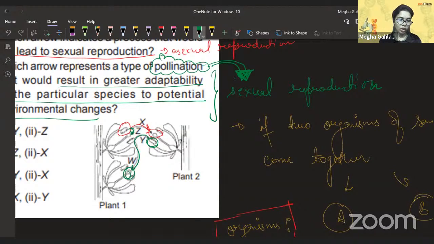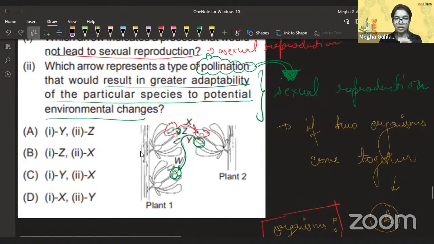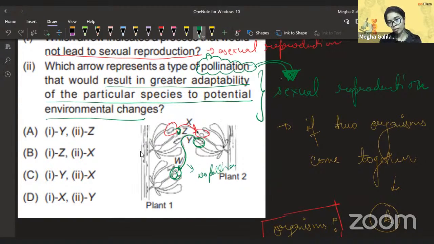right? Now, these arrows shown here might not be quite clear, but as far as we have perceived the situation, we have the Y, which shows the process that could not lead to sexual reproduction, because if you look at it, it is going to go to this stigma, but there is no pollination here.